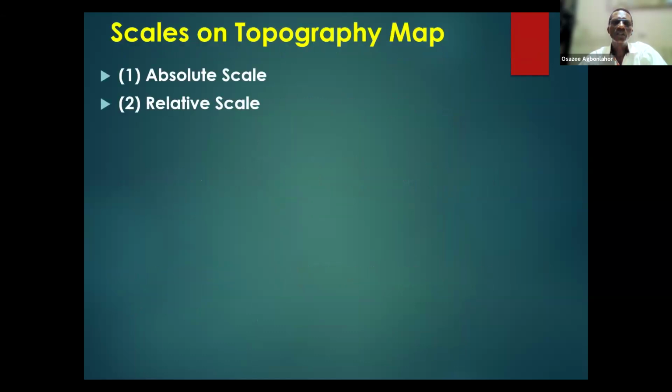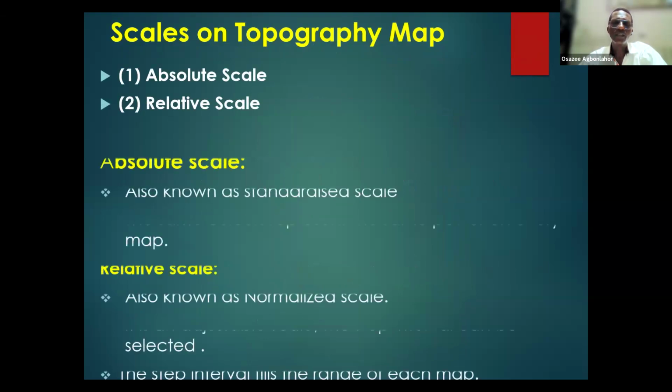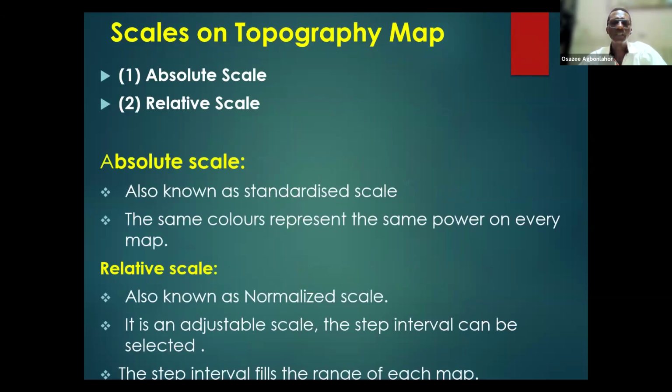Now, there are also some scales that can be used. We have the absolute scale and the relative scale. For the absolute scale, it's standardized, and the same color represents the same power on every map. So here you cannot alter the changes. For example, if it goes from 0 to 5, let's represent that as blue.